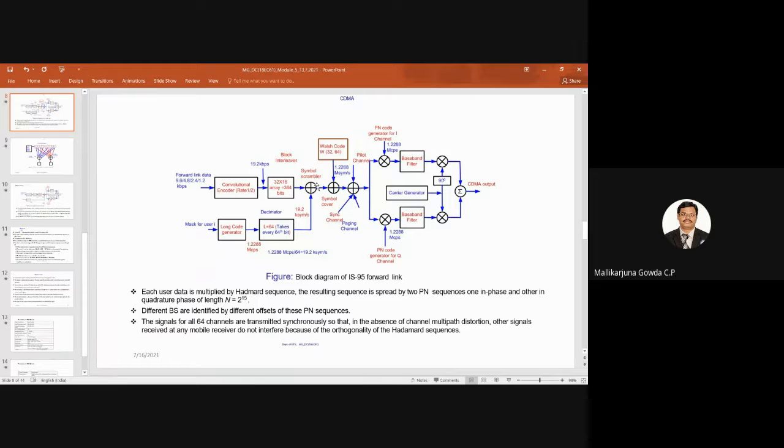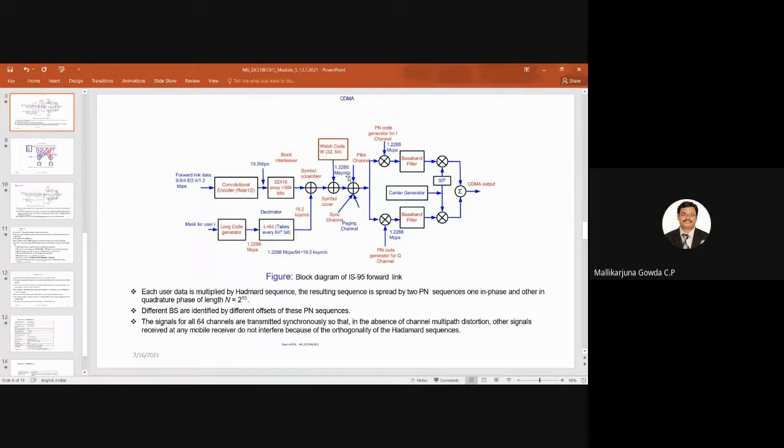Then, as I said, there will be Walsh codes. The length of the Walsh code is 64 bits. Out of 64 Walsh codes, the code which has all zeros and two more sequences are used for different purposes like the pilot signal. The other 63 Walsh codes are used and each Walsh code represents one channel.